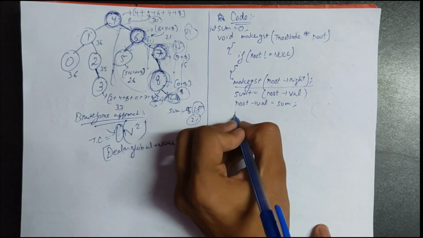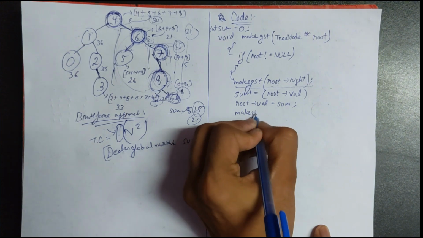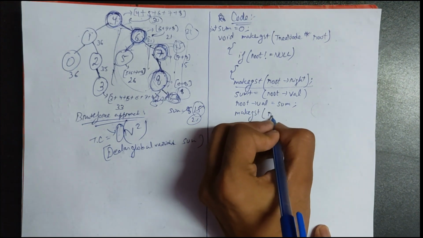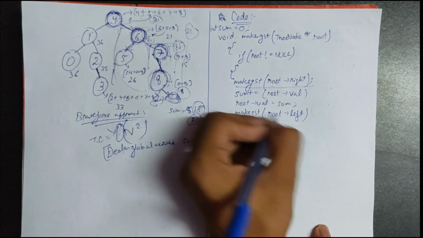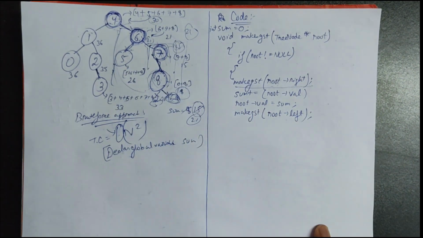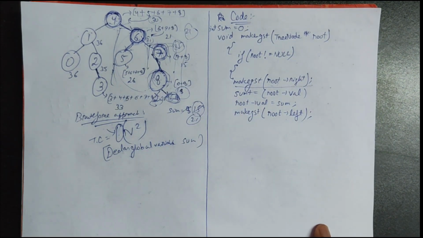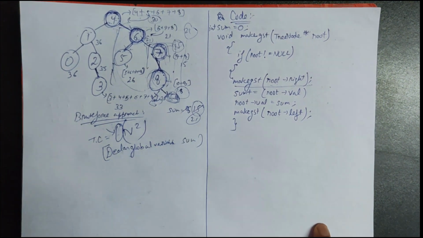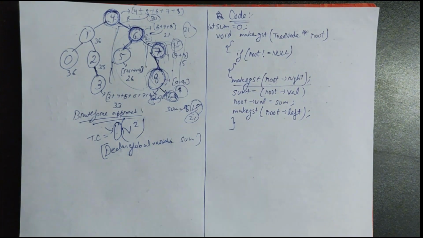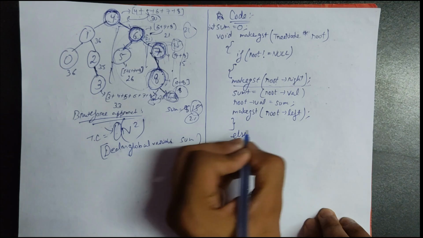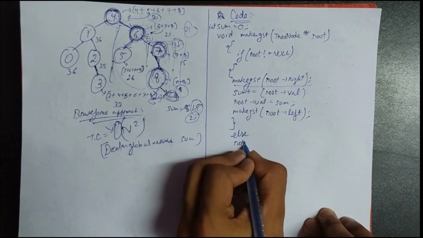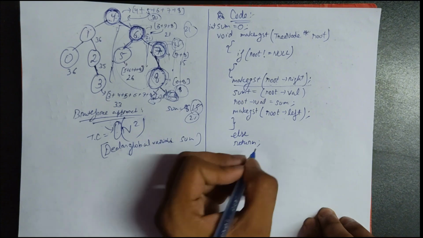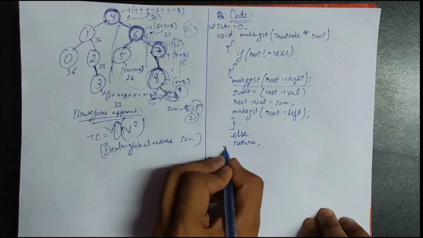So we will simply call the function makeGST on root left, and the same function will be called again. Okay, and we can close the if part here, and in the else part, if the value of the node is null, we will simply return, we don't have to do any operation, and we can close the function here.